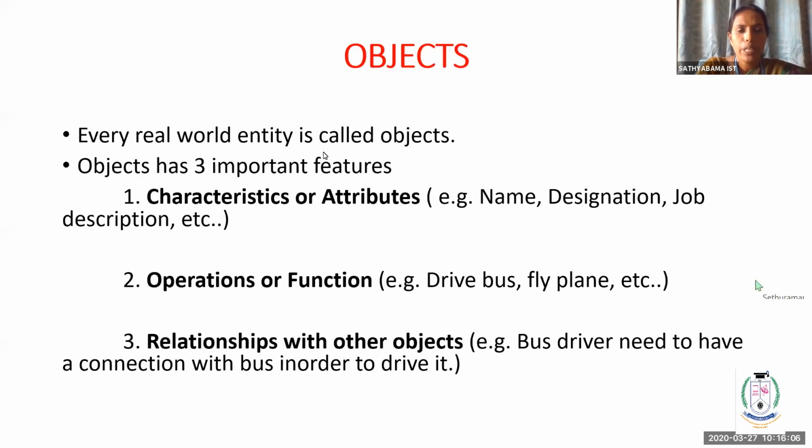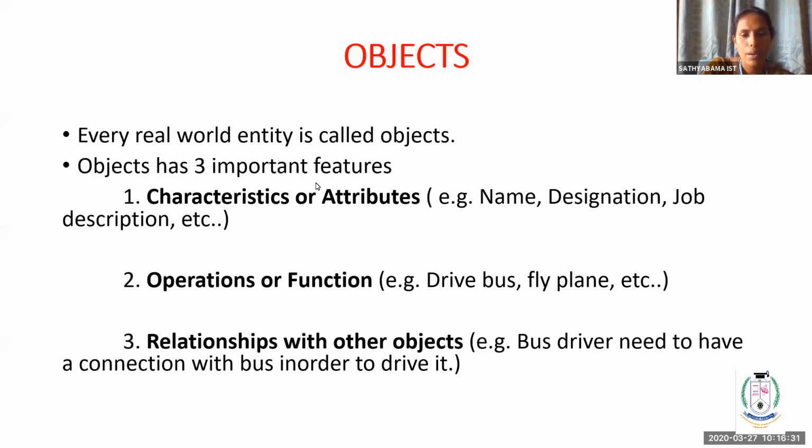Now, when you look into the nature of an object, every object must have three components. One is called characteristics, another is called operation, and another component is called relationship. The characteristics are also called attributes.